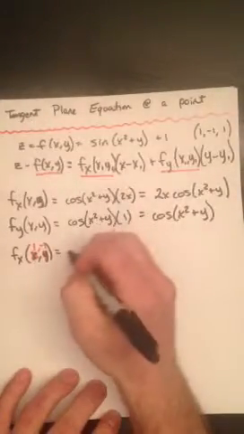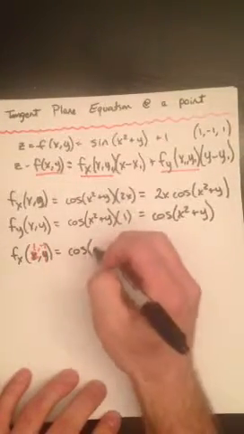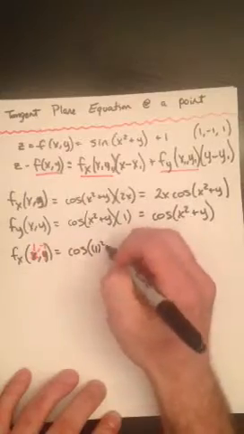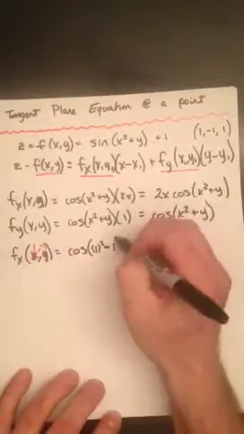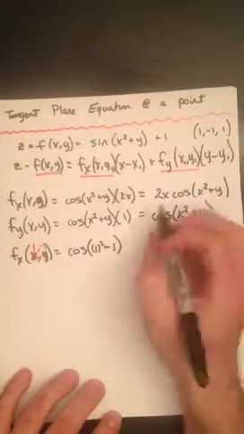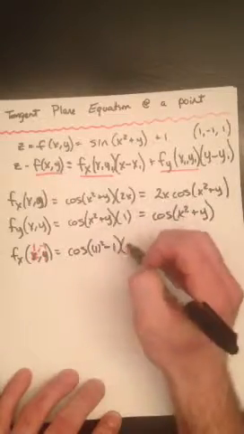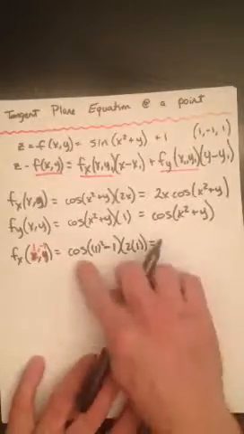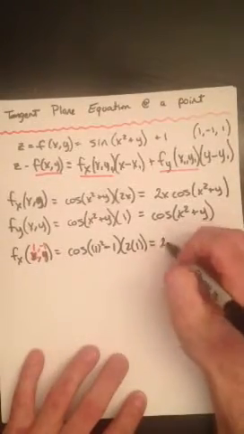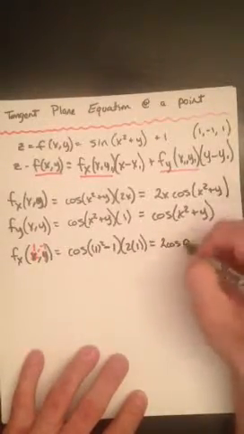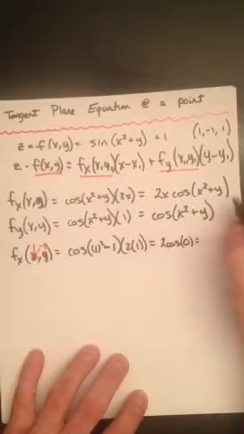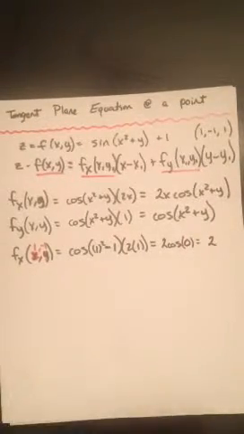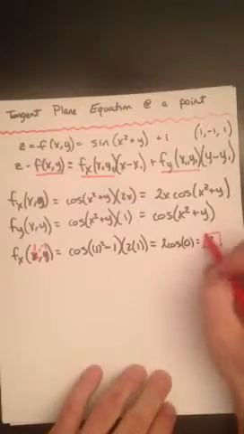It's equal to cosine of 1 squared, and I'm going to be a minus 1, multiplied, now I kind of moved it around, but 2 times 1. Simplifying all this out, we're going to get 2 cosine of 0, and cosine of 0 is 1, so 2. Okay, here's one of our values.